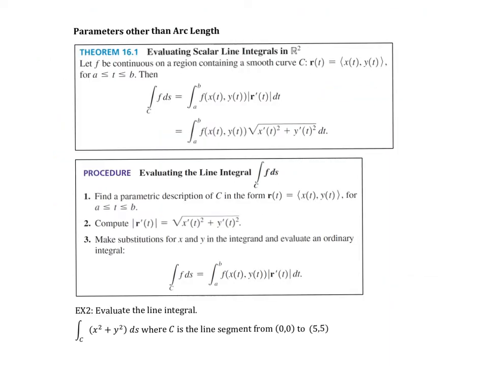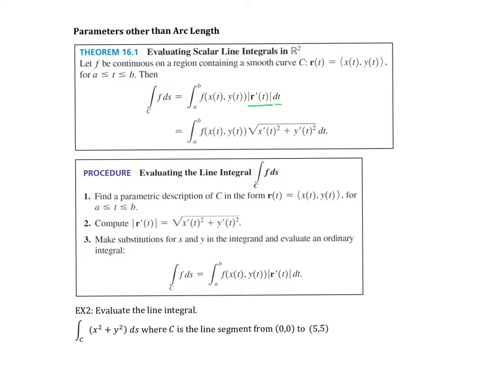So let's say that we are going to use another parameter besides arc length. Well, in theorem 16.1, it gives you the transformation from arc length as a parameter to any parameter t. And when we do that, we have this Jacobian, which is the magnitude of the derivative of r. And then we can integrate with respect to t instead of arc length s. So again, this is just a simple transformation.